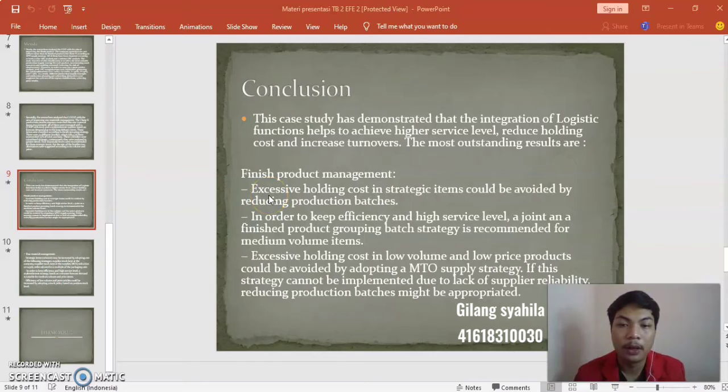Excessive holding costs in strategic items can be avoided by reducing production batches.